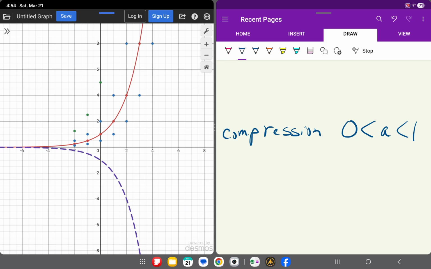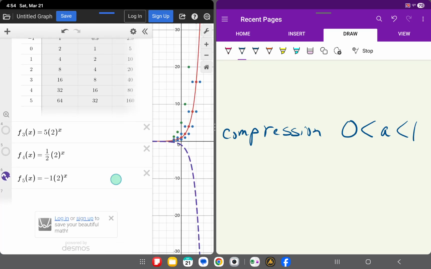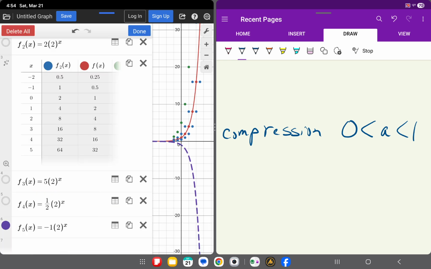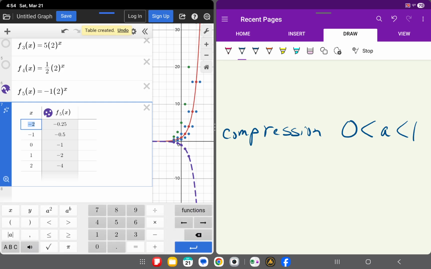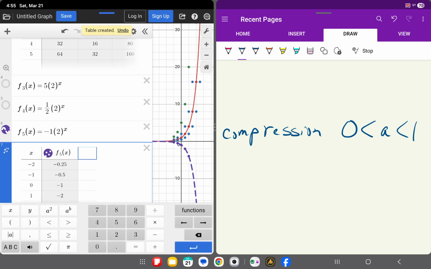Okay. Now, if we look at our two tables, I want to look at this one right here. I'll go to its table, and I want to add to it f(x).